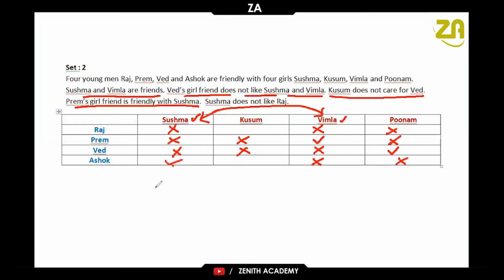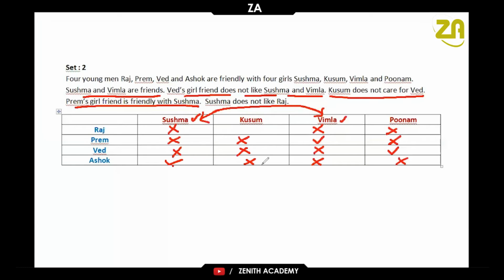As we decided that Susma is a girlfriend of Ashok, so in this row, cancel other cells. Cancel this cell. Now, it is an advantage when you are working in a grid that in this column, only this cell is left.